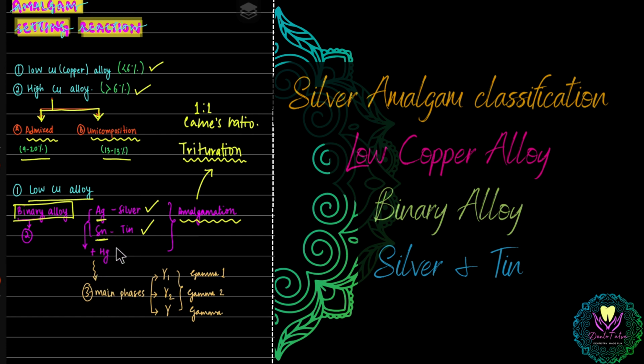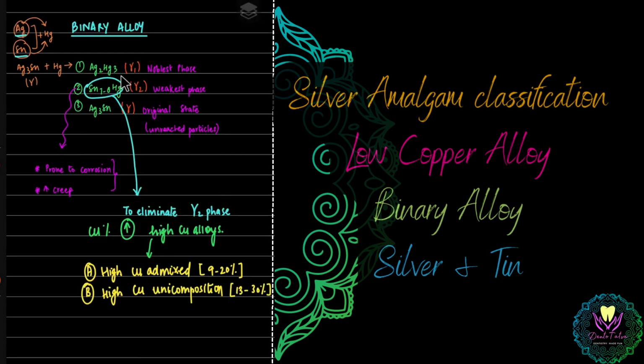So when mercury reacts with this gamma phase, gamma is my original state, that is Ag3Sn, it will then form two more phases, gamma 1 and gamma 2. Gamma 1 being Ag2Hg3, when Ag3Sn reacts with mercury.